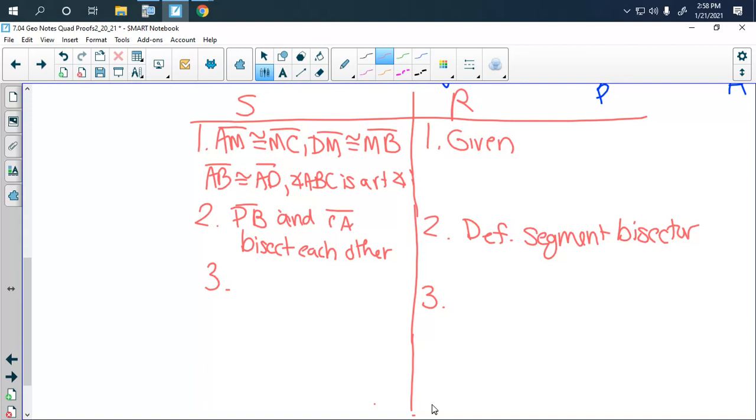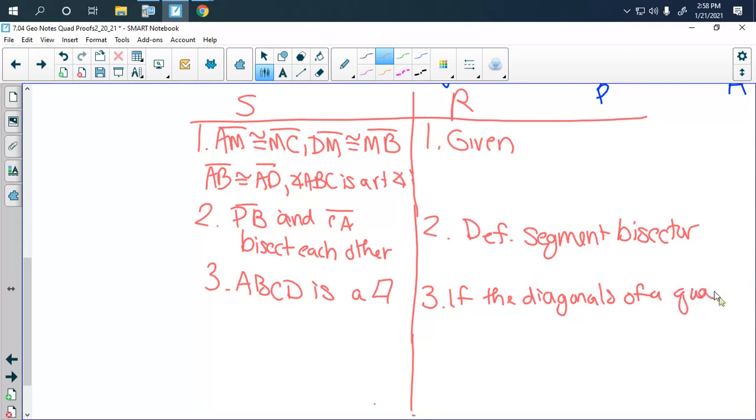Once I know my diagonals bisect each other, I have enough to say that ABCD is a parallelogram, because if the diagonals of a quad bisect each other, then it's a parallelogram.